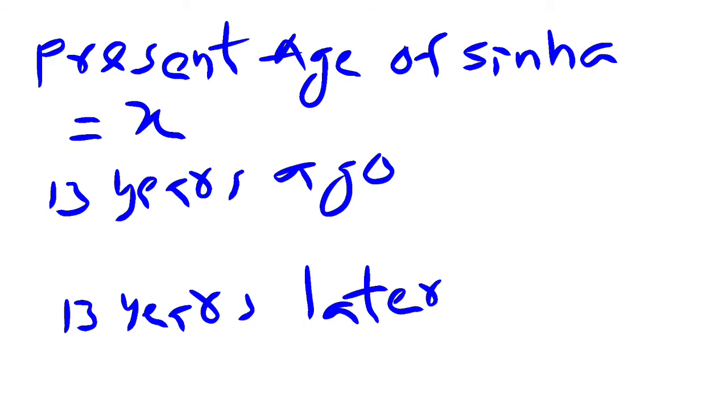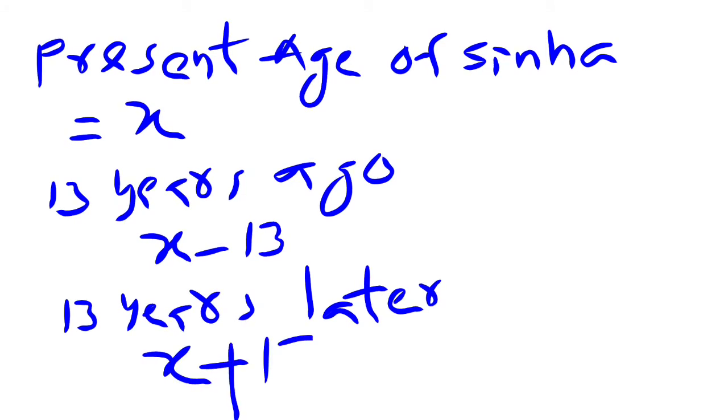So 13 years ago, the age of Sinha will become x minus 13. 13 years later, x plus 13. So x minus 13 is 13 years ago, x plus 13 is 13 years later.